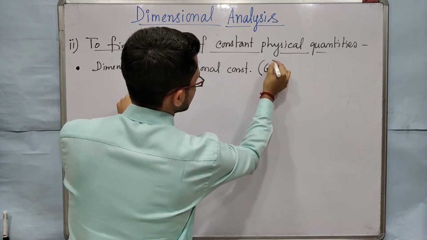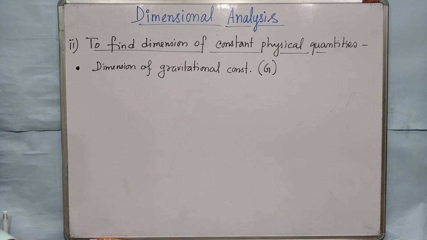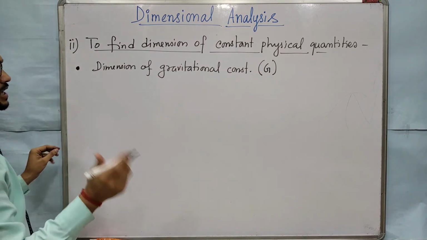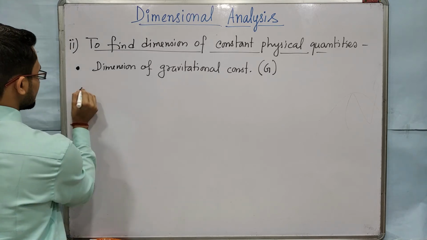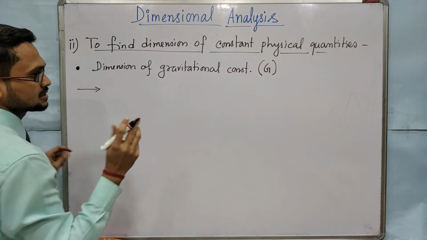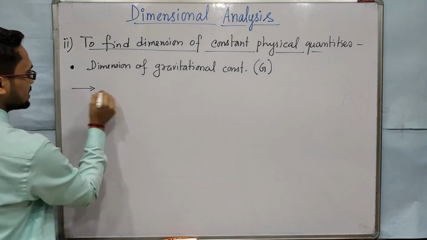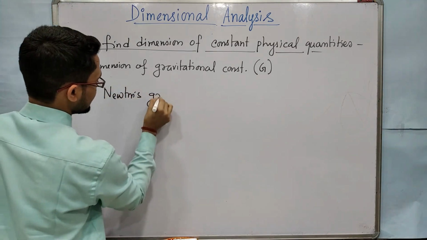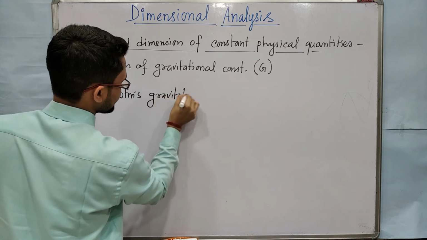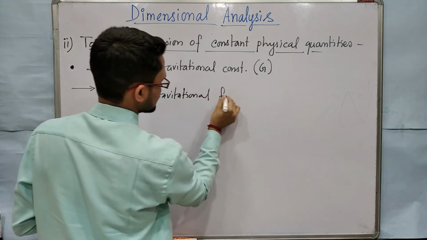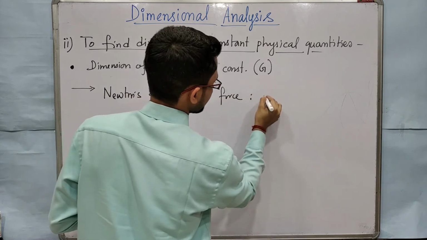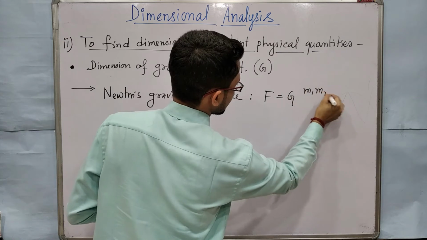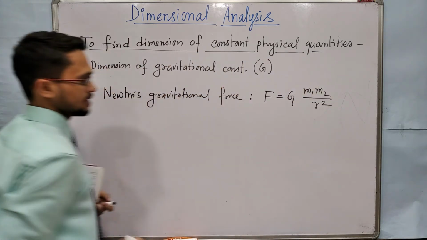It is written by capital G. So how will you derive its dimension? Before deriving, you have to remember its formula. The required formula is Newton's gravitational force, that is F is equal to G m1 m2 by r square.